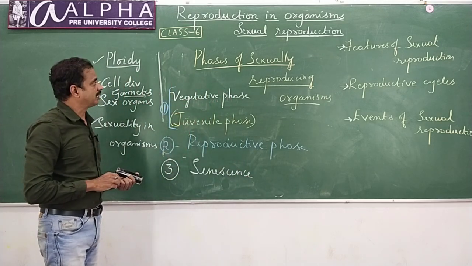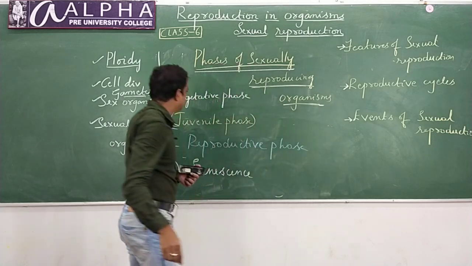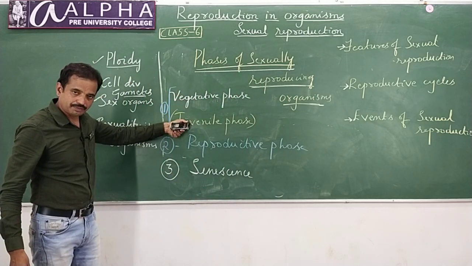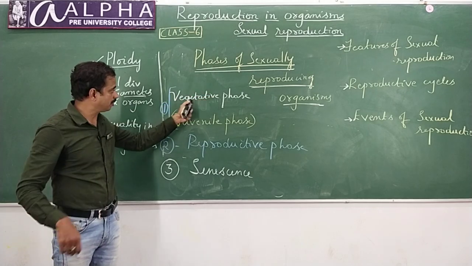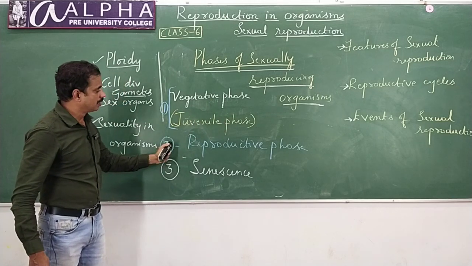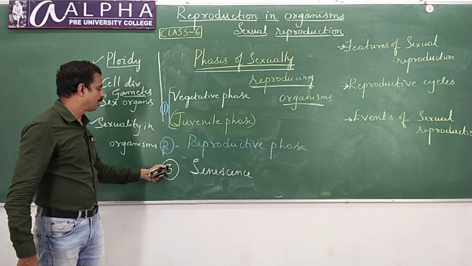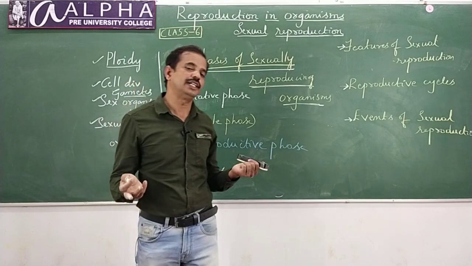Okay, students, phases of sexually reproducing organisms: the first phase, vegetative phase in plants, juvenile phase in animals; reproductive phase during which reproduction takes place; and senescent phase, the phase of aging leading to death.